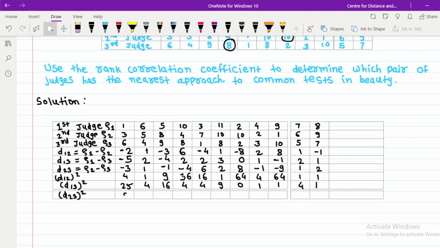D23, that is 9, 1, 1, 16, 36, 4, 64, 1, 81. D13, 1, 1, 1 and 2 square is equal to 4.